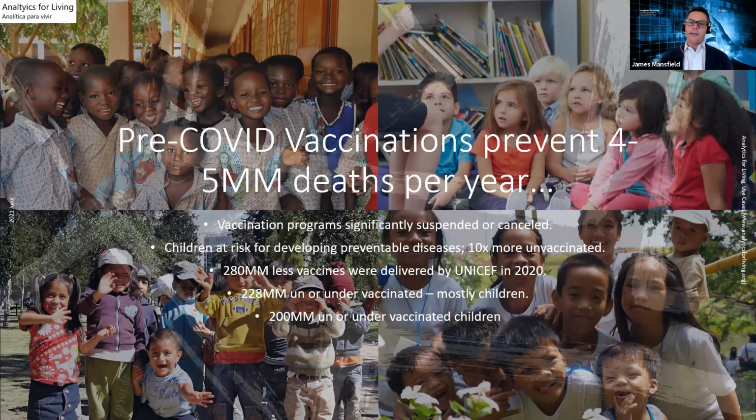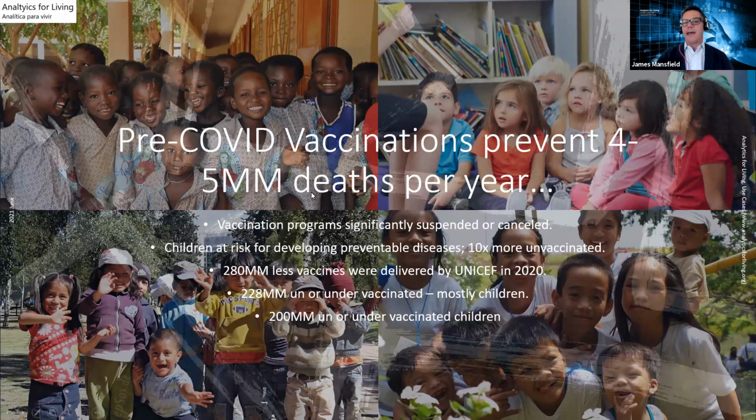The scary part is if that's 10 times worse, if these children can't get vaccinated, it may not be 5 million deaths per year, maybe many more. I don't even want to quote the number, that's not something I want to model, but it's certainly scary.